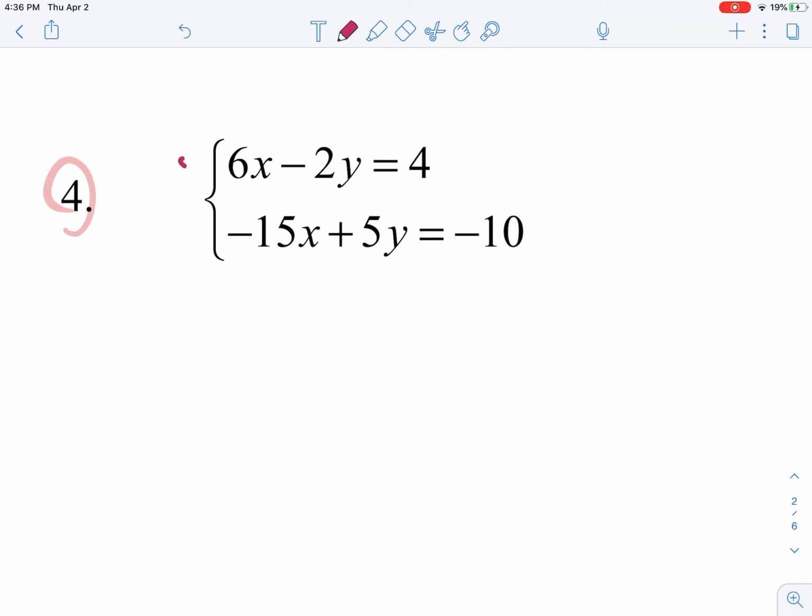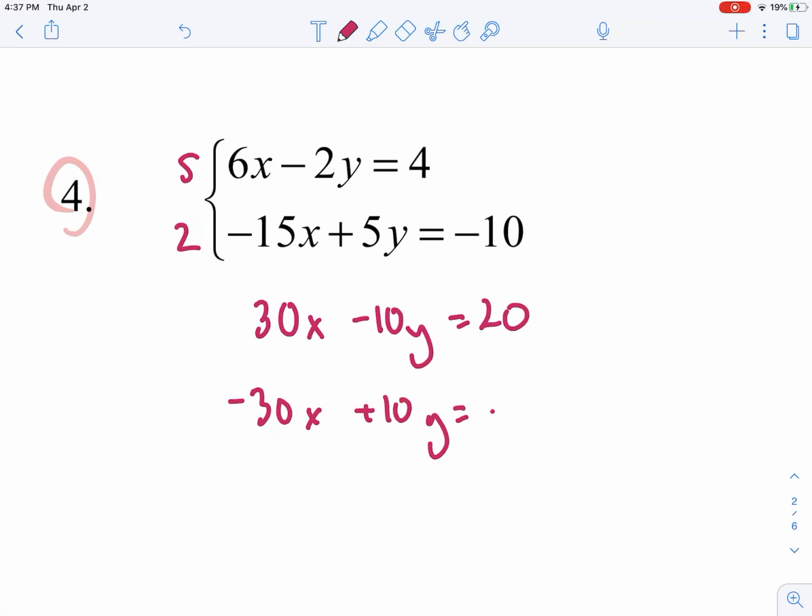Well, let's see, what if I multiply the top by 5 and the bottom by 2? So I just rewrote those two equations. I'm going to combine them.